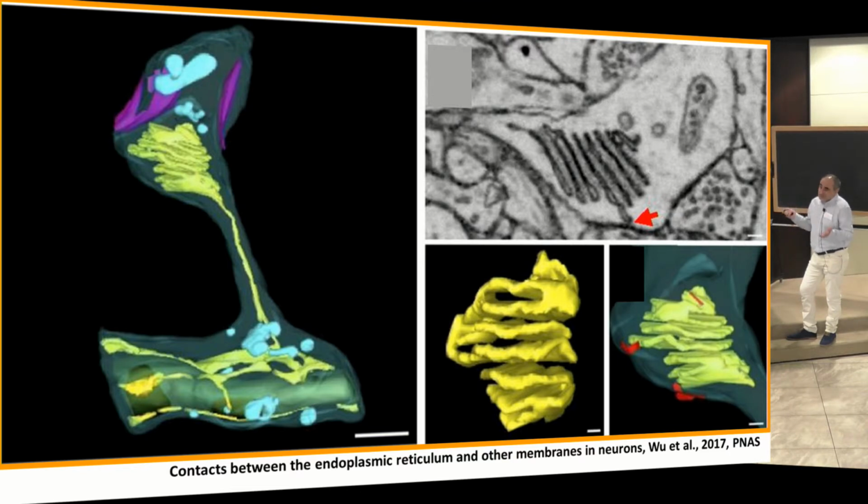You cannot ignore this fact when you make your models. Once again, this structure is most important for big mushroom-type spines. It can be secondary for other types of spines, but it is very important for these. Okay?